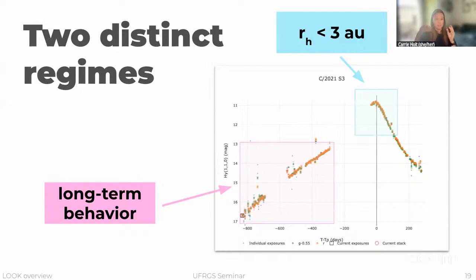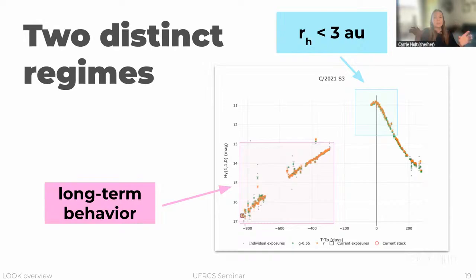You have surges in activity due to water ice sublimation turning on, seasonal effects as the comet travels around the sun, and also projection effects. How the comet tail is pointed and how that shows up in your photometric aperture can make a difference in what we see in the light curve.